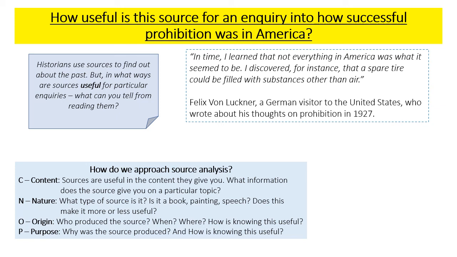Why was it produced? And then how does that make it useful? So you need to think, why would a German visitor be writing about prohibition in America, or writing about people not following the law? They're actually happy to be keeping alcohol in secret. So you need to think of the purpose of that.